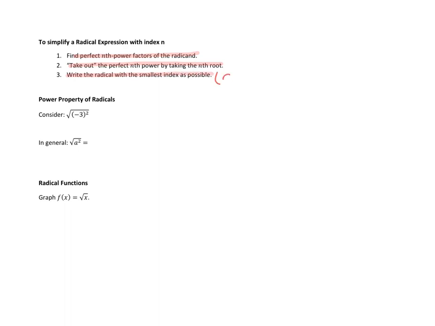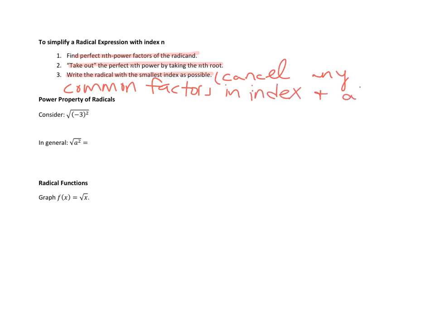So this means to cancel any common factors in the index and all, emphasis on all, exponents. Has to be in every single exponent. All of the constants, all of the variables.